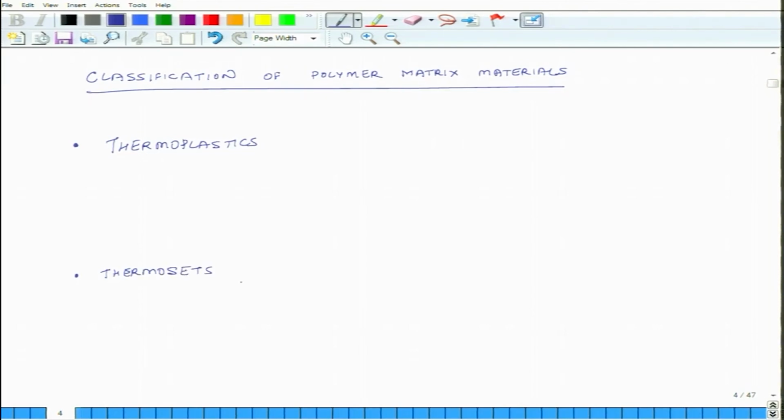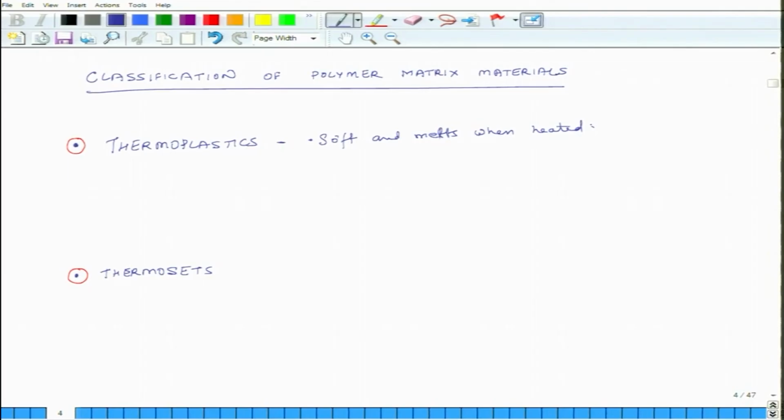And let us understand how these different categories are different. Now, what happens to thermoplastics? So, if you take a piece of thermoplastic and heat it, then it becomes soft, and then finally it melts when heated.